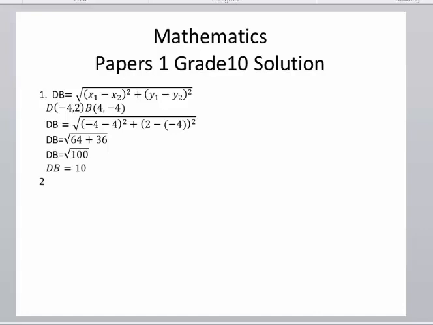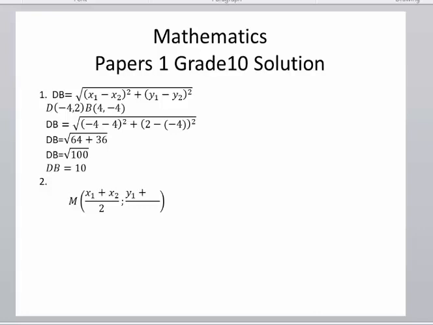Now we'll quickly look at the second one, where you are asked to calculate the midpoint. Again, you need to know the midpoint formula by heart. It is (x1 plus x2) divided by 2, and for your y values as well, (y1 plus y2) over 2. You will have to substitute the values accordingly.